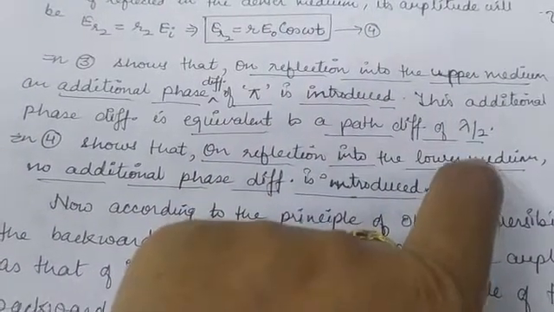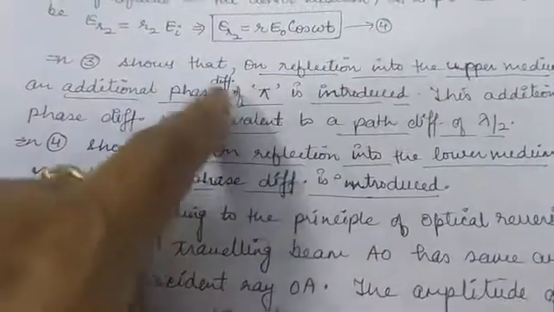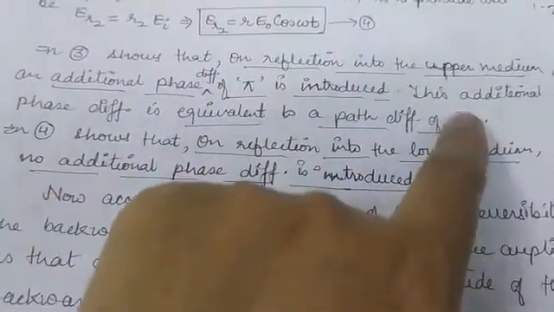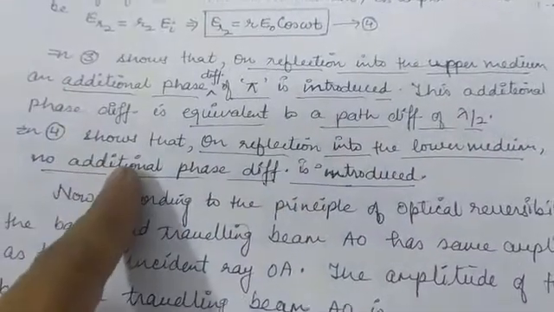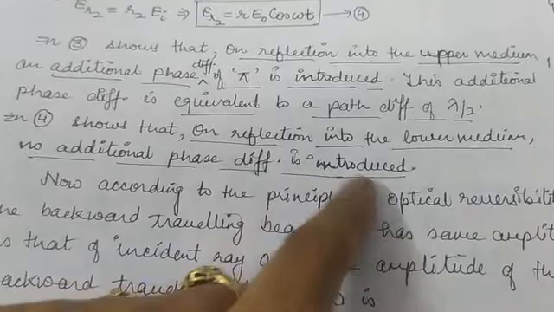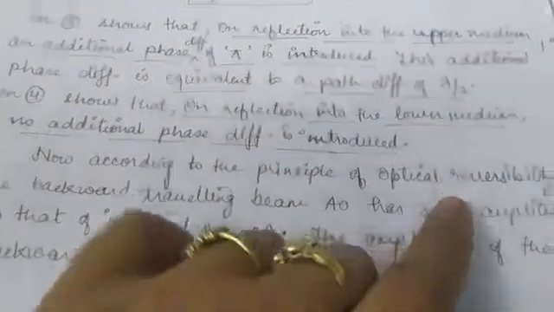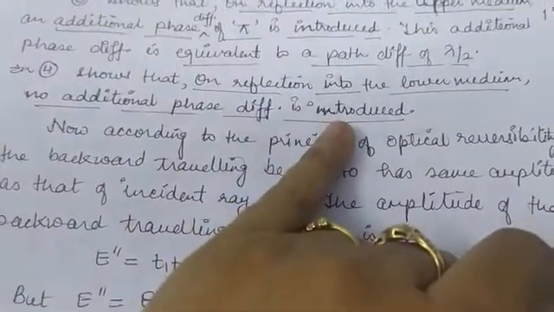Delta would come out to be lambda upon 2 pi into phi, meaning lambda upon 2 pi into pi. It comes out to be lambda by 2. So equation 4 shows that an additional phase difference of pi is introduced if reflection is into the lower medium. No additional phase difference has been introduced.